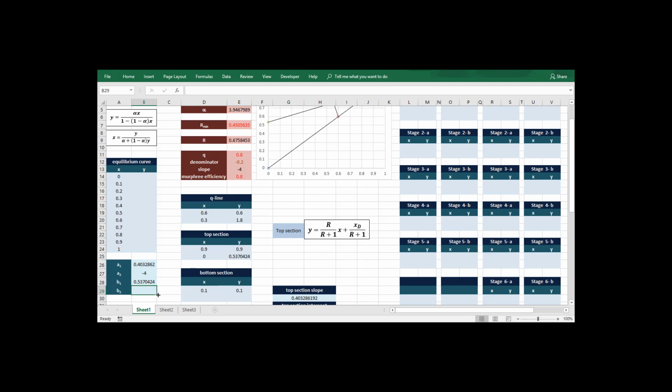And b2 is the y-intercept of the feed line, negative XF all over Q minus 1.